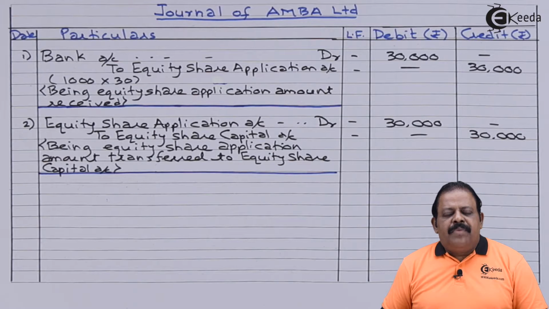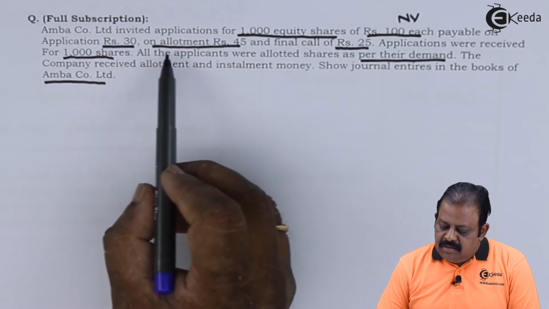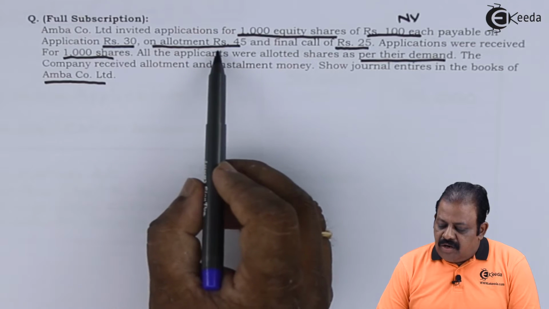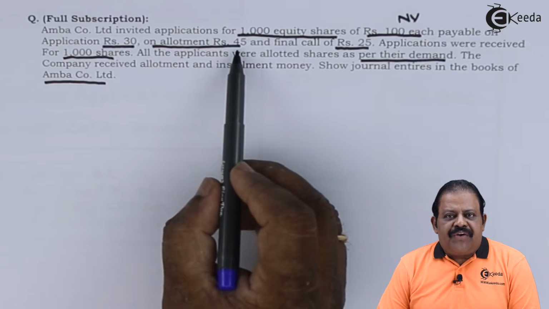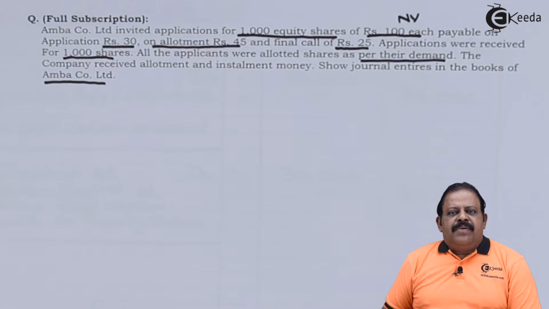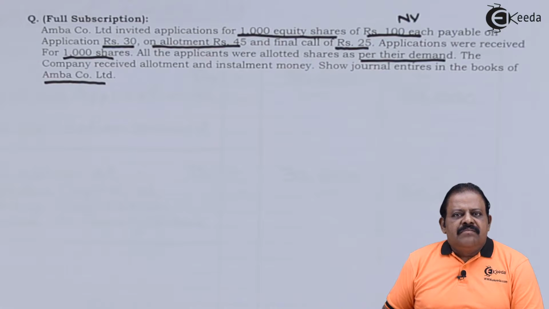The next step will be for demanding the allotment amount from the shareholders. Here it is given, the company has demanded on allotment rupees 45. When the company sends the allotment letter, the accountant records an entry for allotment amount due.